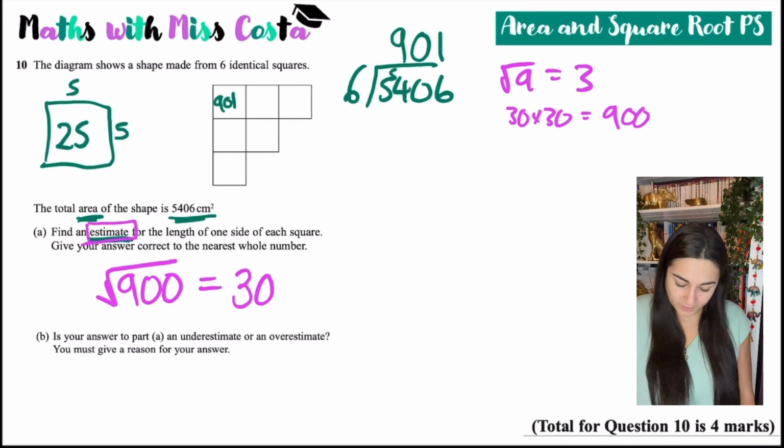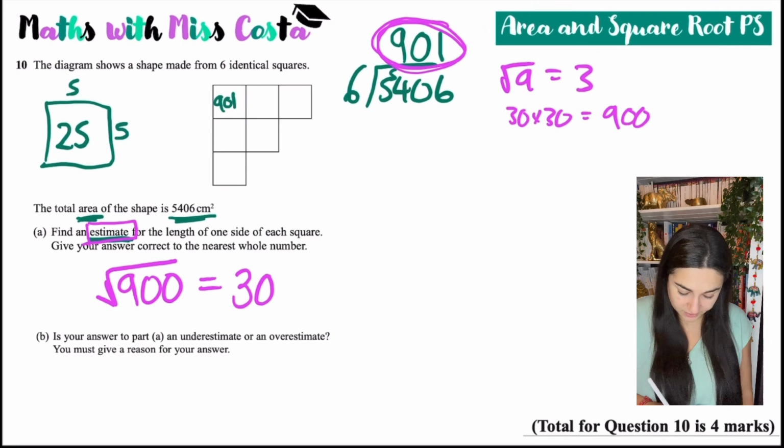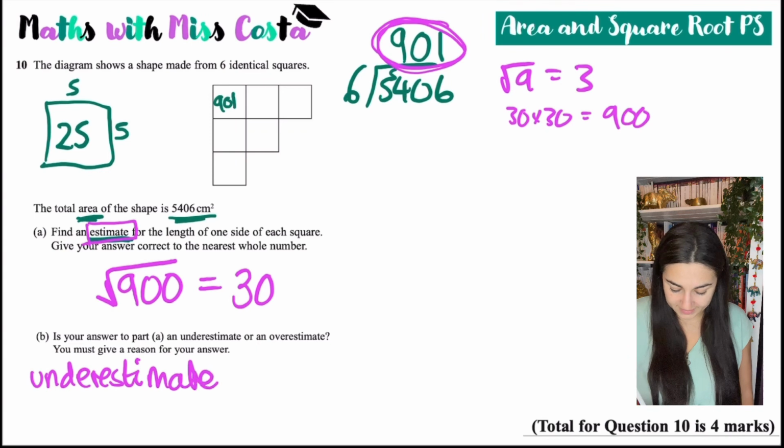Now the next part of the question says, is your answer an underestimate or an overestimate? Well, I've rounded the area down. So you'd say it's an underestimate because I rounded the area down.